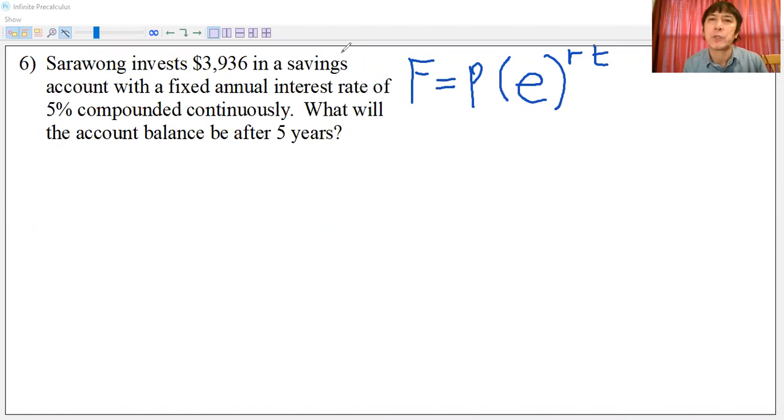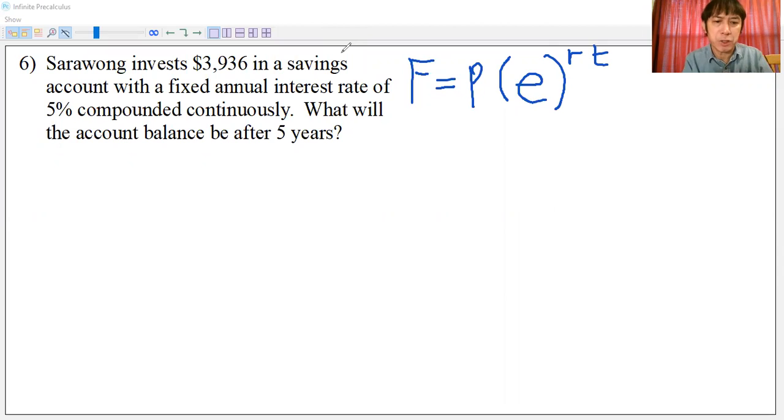So that's present value multiplied by E raised to the product of R and T, where R is the rate of interest and T is the time in years. Now, how about the E? E is equivalent to 2.71828. That's the natural base in Napierian logarithm.